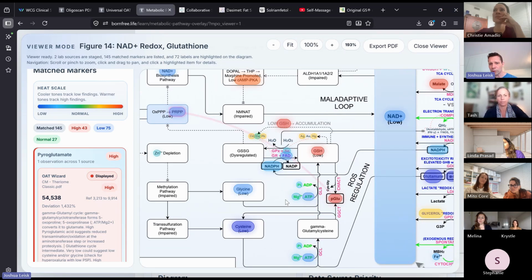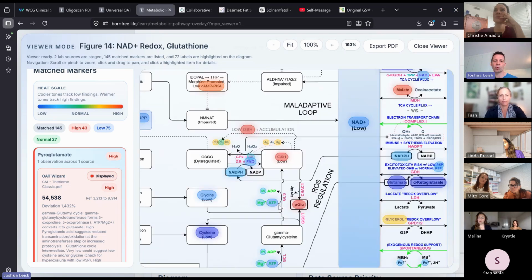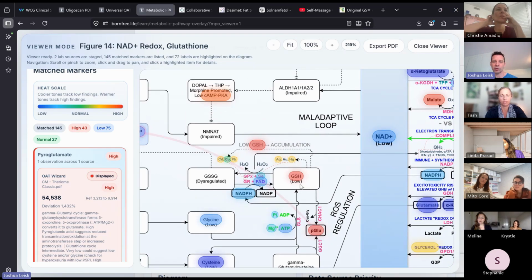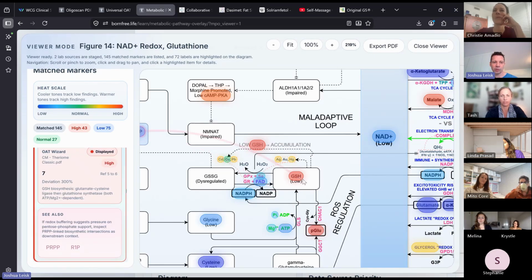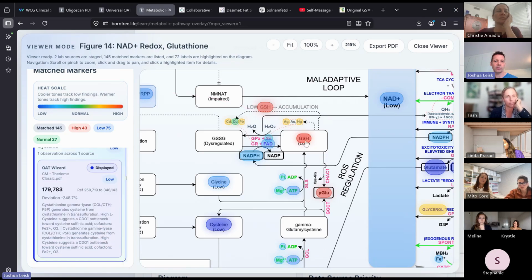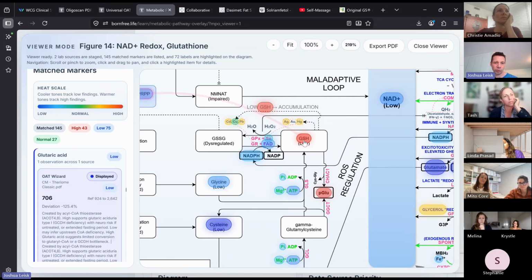When we're looking at this intersection, the hypothesis is, and this is the pattern you'll see time and time again when you start putting your patient data through these tools, that ultimately we'll have dysregulated glutathione. In this case, despite the fact that we have low glycine and low cysteine, there is elevated reduced glutathione.